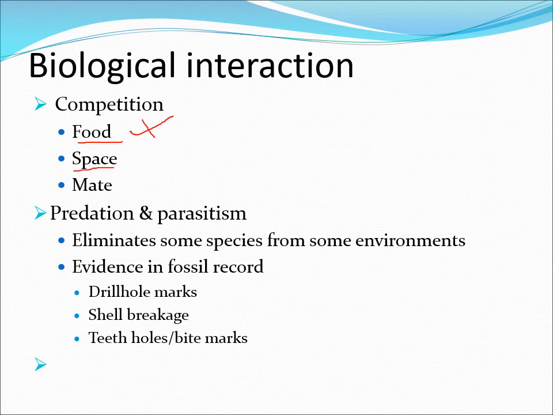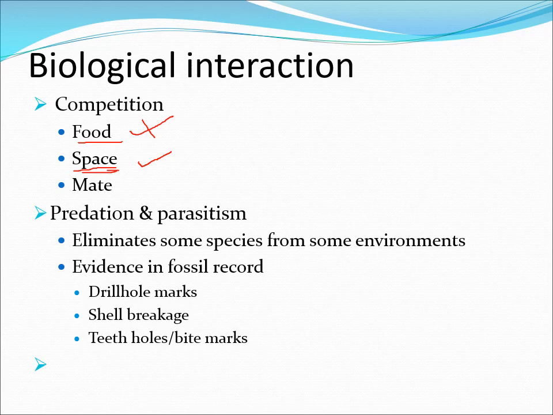Next is space. After taking food or after fulfilling the energy condition, an organism requires an area or space in which it can live in a protected way so that it cannot be harmed by its enemies. So they require a shelter.